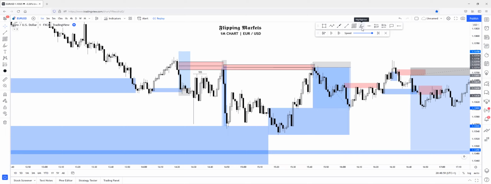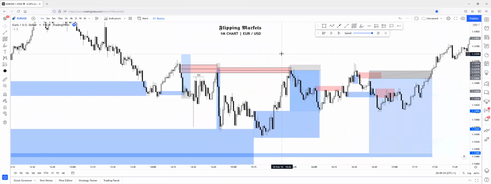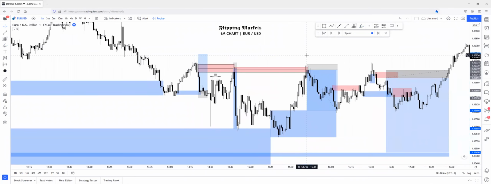It's in the resources channel. You can use it to track your criteria, for example on an entry point, or on a zone, whether it's a valid zone or not. You can also compare one supply zone to another supply zone and decide which supply zone you would like to enter. Please, guys, use that criteria tracker because it's so important. It will save you from loads of unnecessary losses.